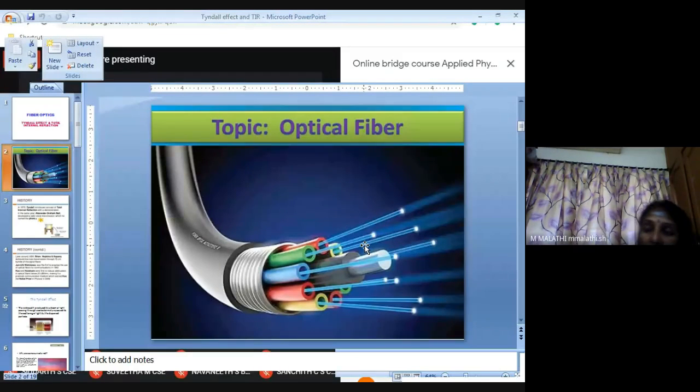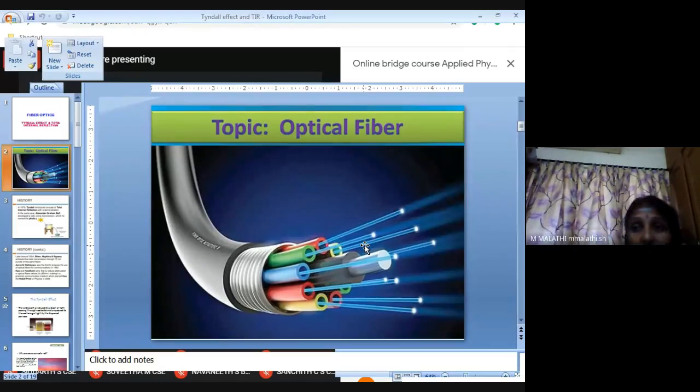And how much is the thickness of this glass needle? Its thickness is a few micrometers. That is 50 to 100 micrometer is the diameter of that glass needle. What does 50 to 100 micrometer mean? To imagine the dimension, I will give you another clue.